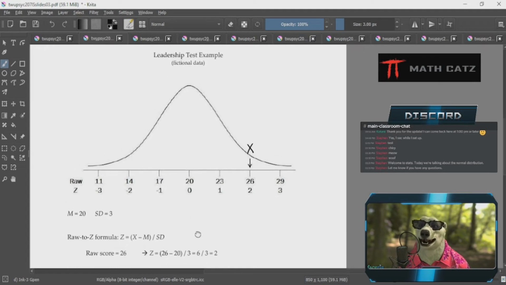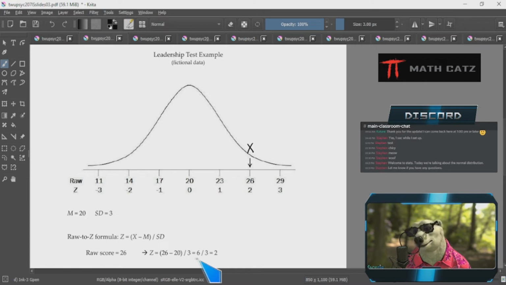So in the case of a raw score of 26, we look at 26, take away the mean, so the distance from the mean, and then we have to put it in perspective using the standard deviation.